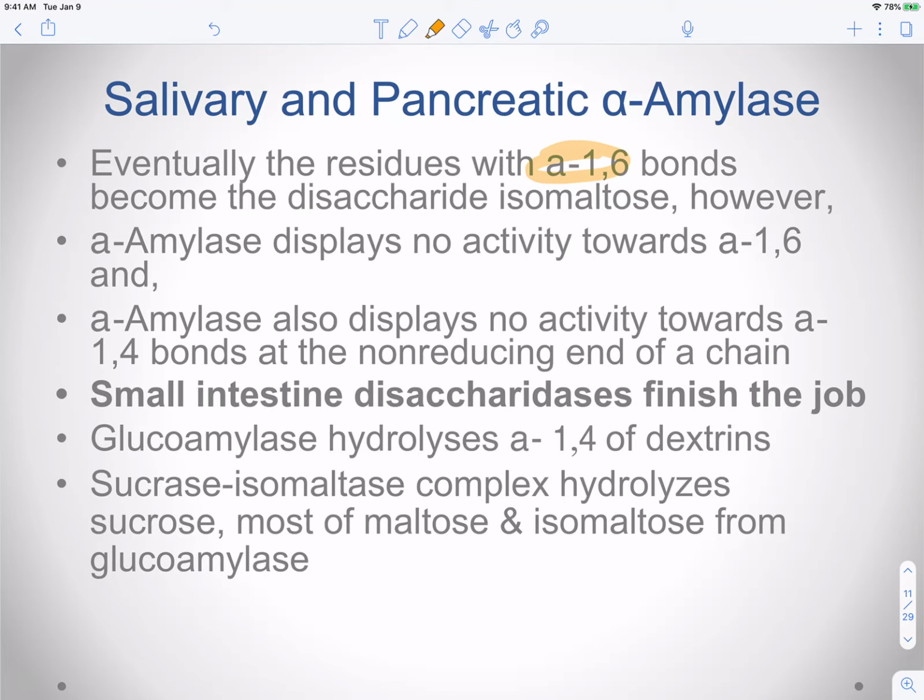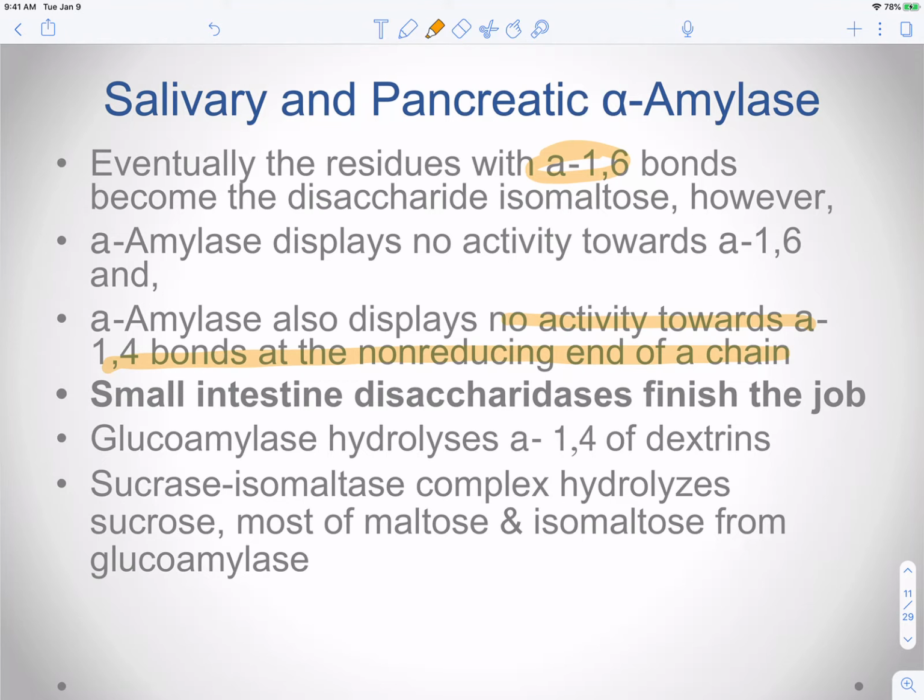It has only activity towards alpha 1,4 bonds. Alpha amylase also has no activity on alpha 1,4 bonds at the non-reducing end of a chain. So just keep in mind what we mean by the non-reducing end.